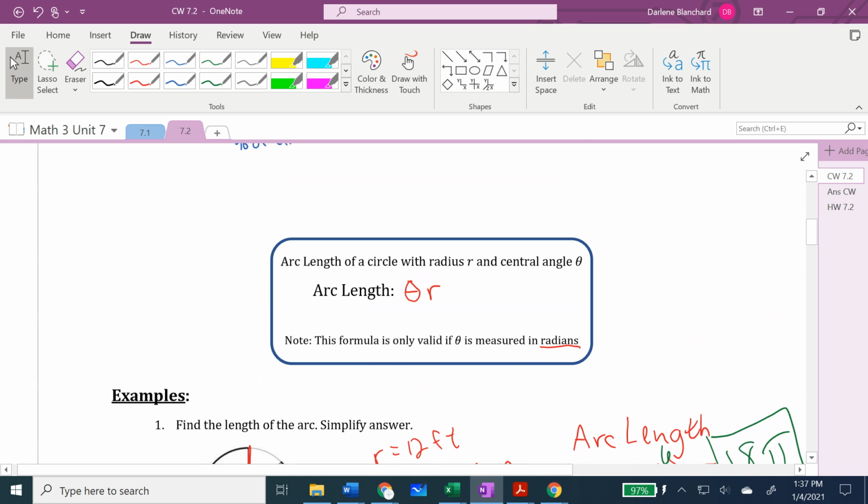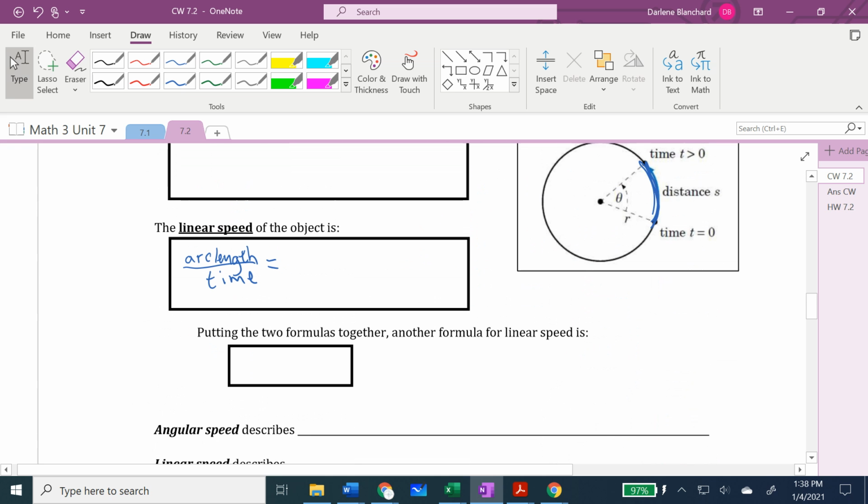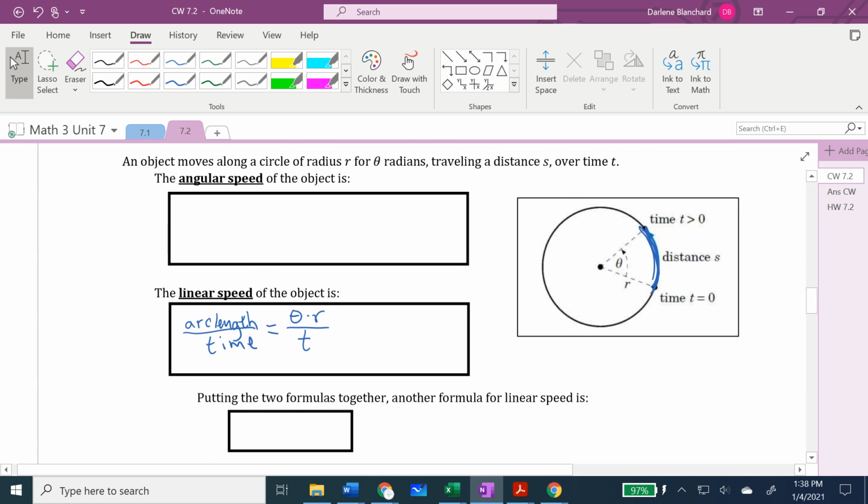Arc length is theta times r, the angle multiplied by the radius, and then divided by time. Now, one thing that is helpful is to realize that if your angular speed is theta divided by time, then you can look at your linear speed as being the radius multiplied by the angular speed.